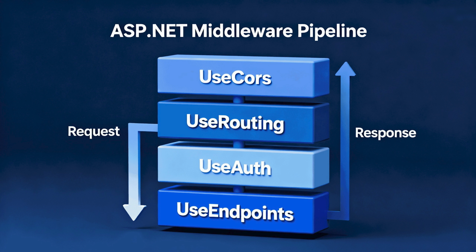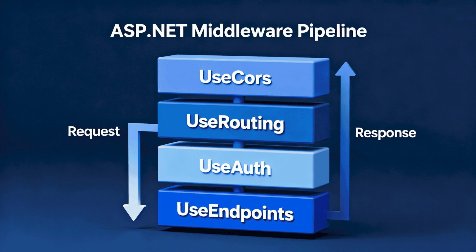Built-in middleware in ASP.NET. ASP.NET Core comes with a bunch of built-in middleware ready to use. UseRouting can find which controller or endpoint to call. UseAuthentication checks who the user is. UseAuthorization checks what the user can do.